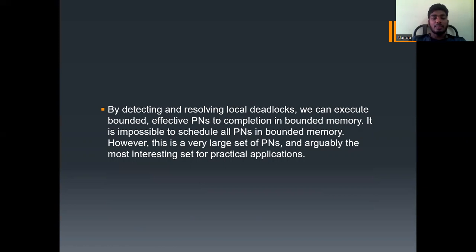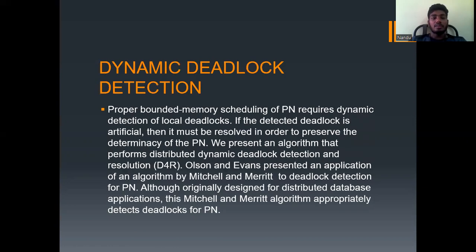Proper bounded memory scheduling of PN requires dynamic detection of local deadlocks. If the detected deadlock is artificial, then it must be resolved in order to preserve the determinacy of the PN.